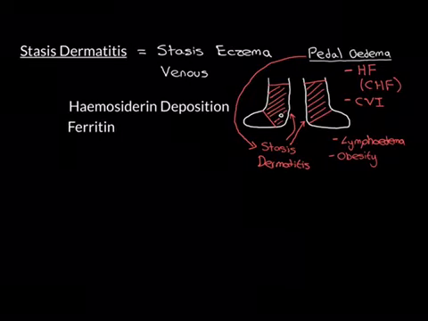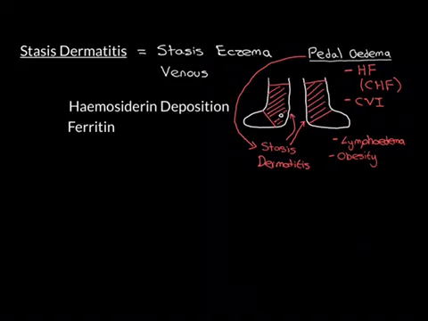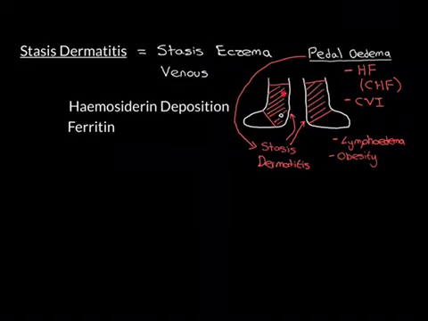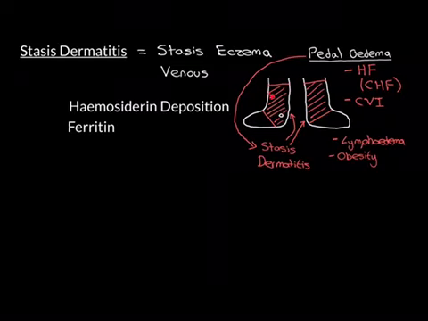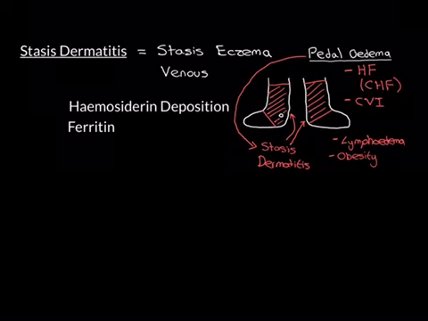And if you bind lots of ferritin complexes together, I think you end up with a hemosiderin complex. Now, for reasons again that I will not pretend to understand, in areas where you have bad pedal edema, you end up with this hemosiderin being deposited in the dermis of the skin that overlies that area. And this gives the area a brown appearance.